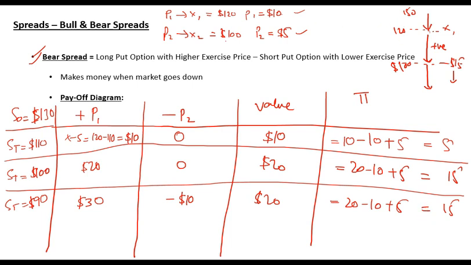Why? Because you will benefit from the first put option, but you will lose out from the second. So extra benefit from the first put option will be offset by the loss from the second put option. So you will benefit up till 100. Beyond that, your benefit will be capped. This is the maximum which you will reach.